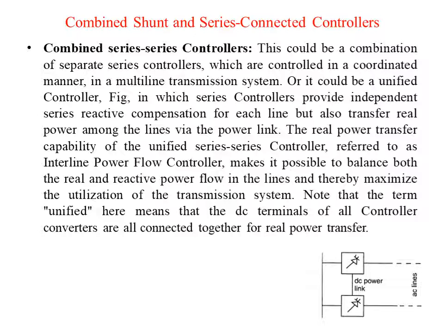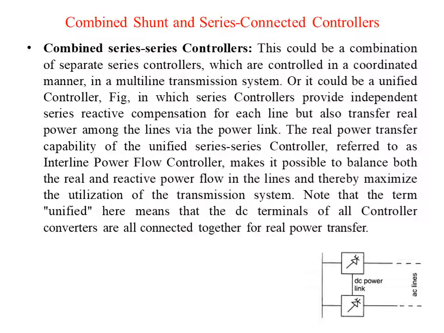The main advantage of this kind of controller is that in the case of a series controller, we were controlling only voltages. In the case of a shunt connected controller, we were injecting current separately. Here, in the case of a combination, we have the possibility to control voltage as well as current simultaneously, depending upon the power system requirement.